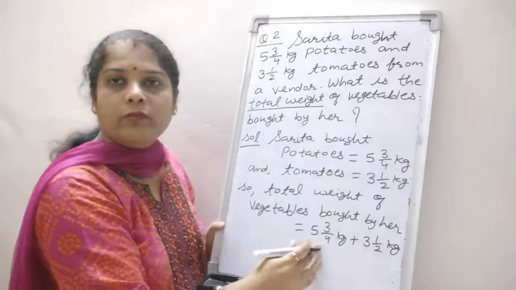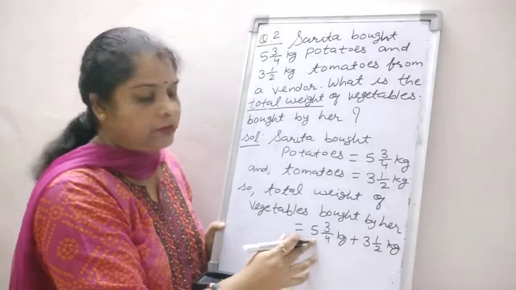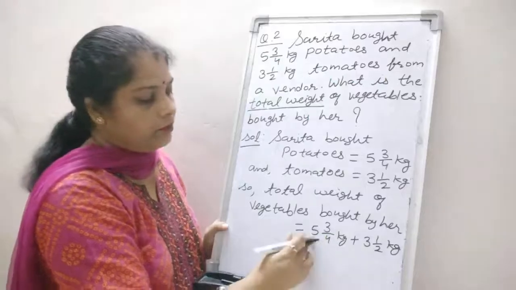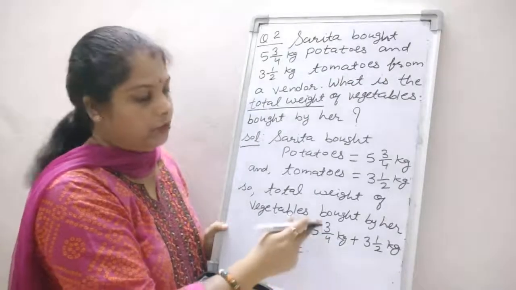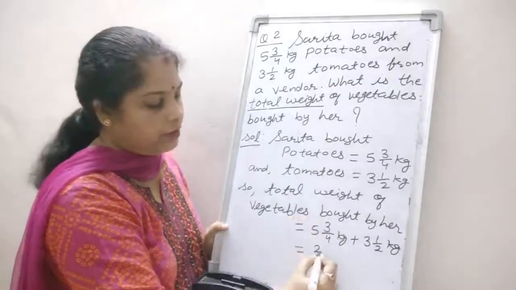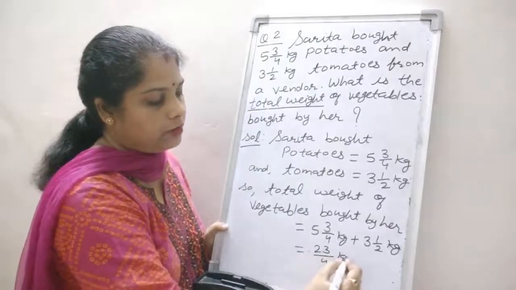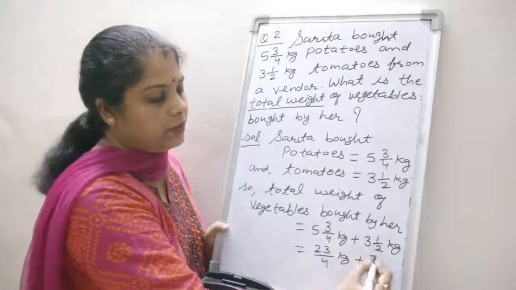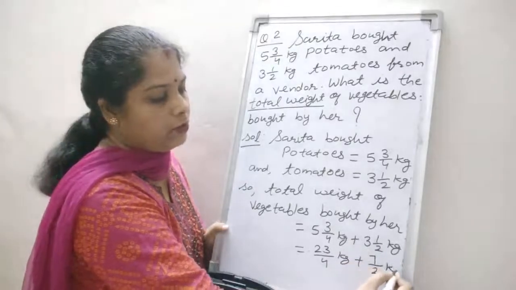Now both of the numbers are in mixed fraction. We will convert them first into improper fractions. 5 4s are 20, 20 plus 3, 23/4 kg. Plus 3 2s are 6, 6 and 1, 7/2 kg.